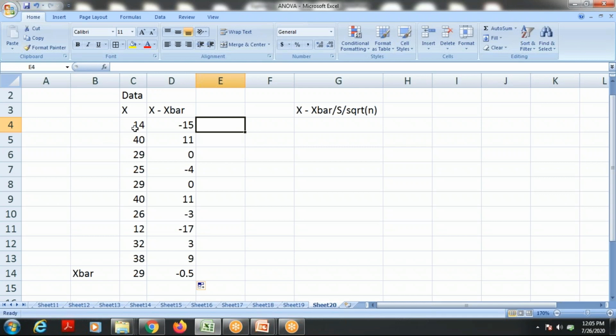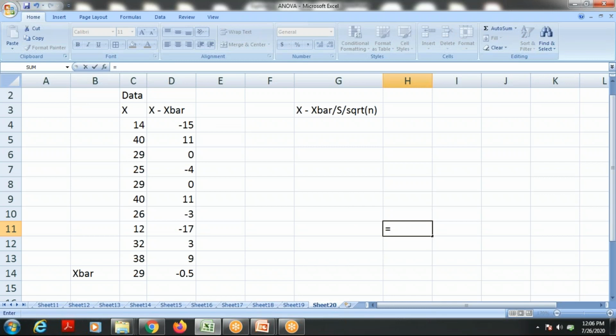Like corresponding to this 14, what is T? Corresponding to this 40, what is T? So you are going to do it for each and every individual. Be careful. For this minus 15, for this minus 15, we are going to calculate it. Got it?